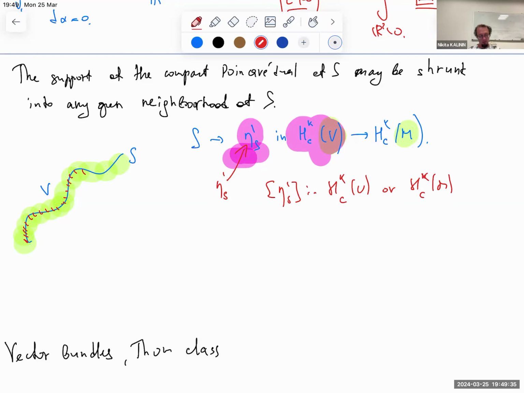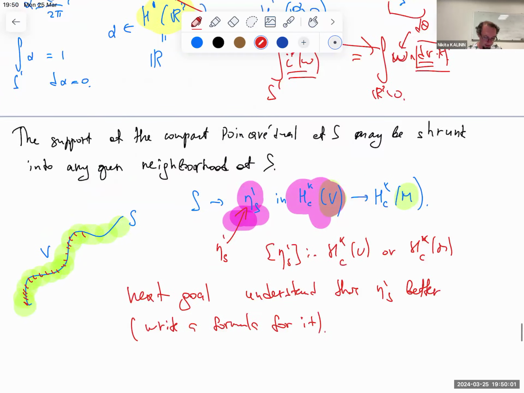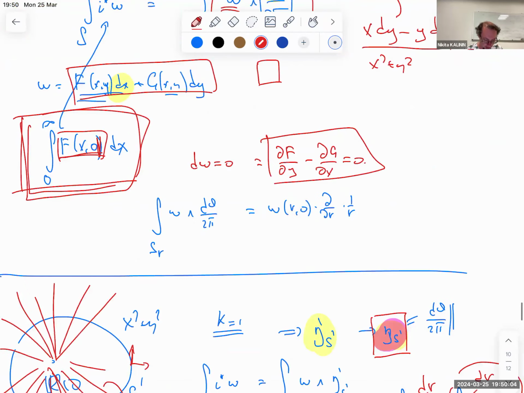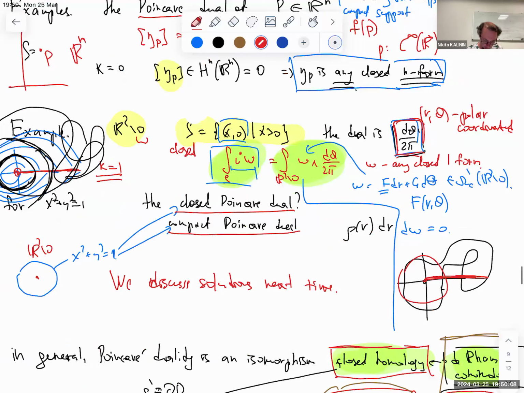Our next goal is to understand this representative better, so maybe write a formula for it. Once we solve the exercises above, we will see that for a circle or for a line it's easy to write a formula, right?